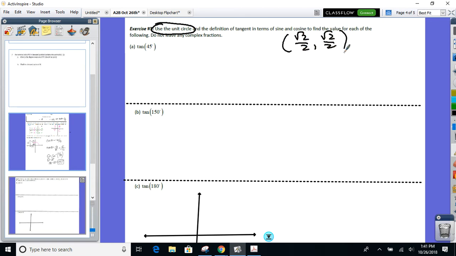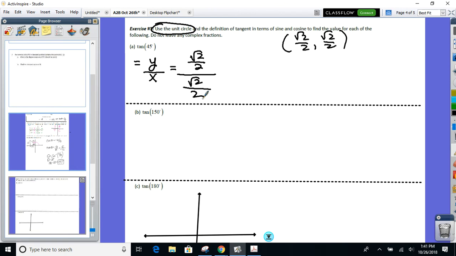But I'm finding tangent. So if you go back to the beginning of today's notes, tangent was what? Which coordinate first? On top. Y over X. Yep. This is both the same. So I'm going to put radical 2 over 2 on top, and on the bottom, radical 2 over 2.